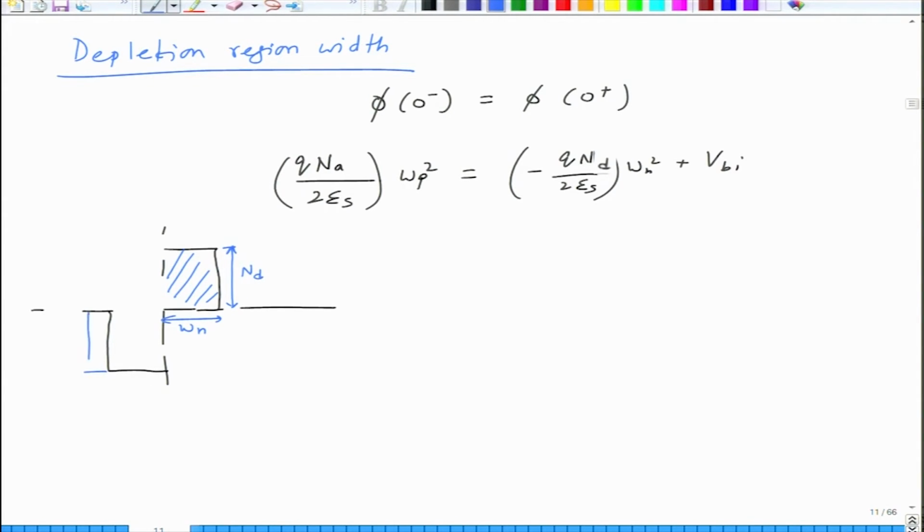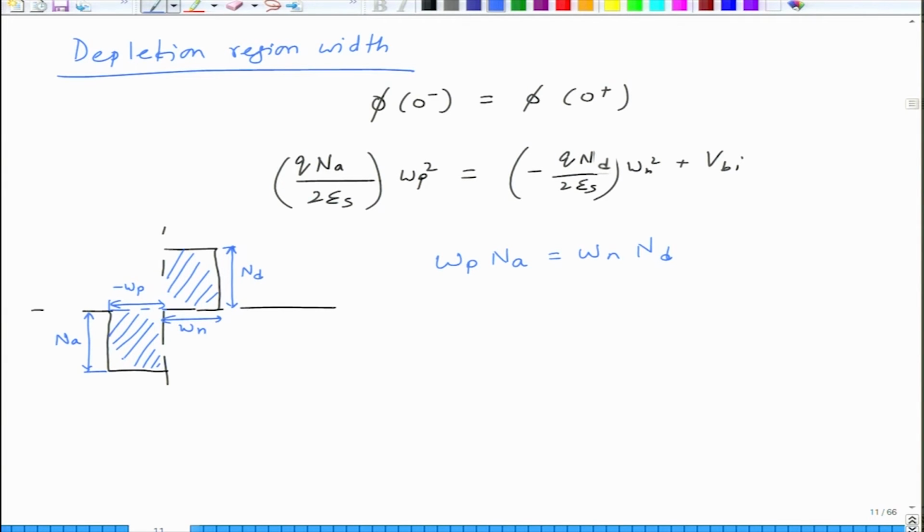This is Na and this is minus of Wp, all right. Okay. Since the solid is charge neutral, on both sides of the depletion region, because of charge and mass conservation, Wp Na should be equal to Wn Nd. The area of this rectangle is equal to area of this rectangle.